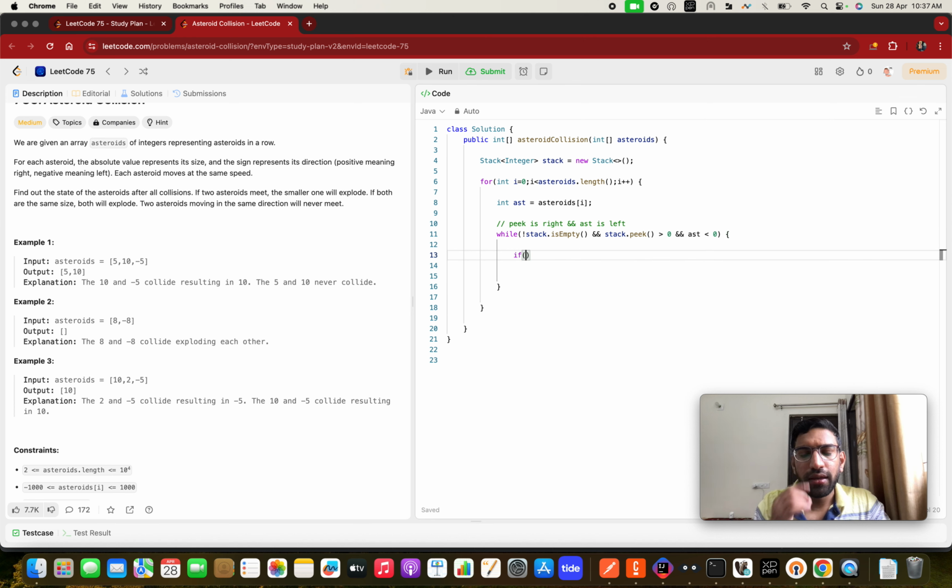Now we can say if our stack dot peak, the last asteroid in the stack, is less than our asteroid.